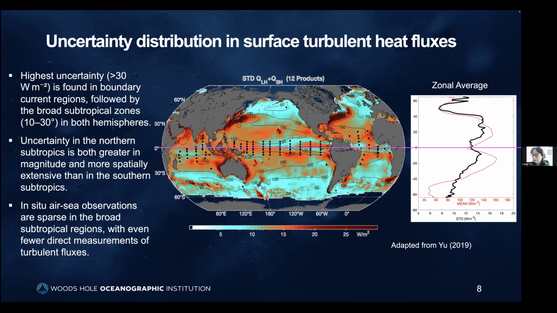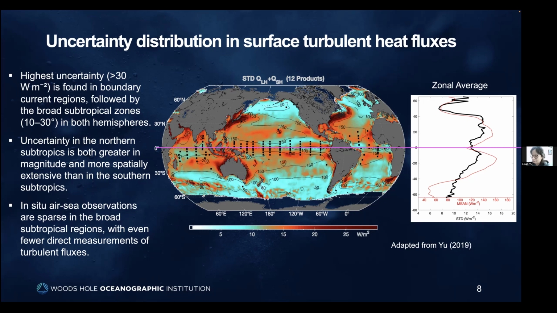But the second area is a broad region in the subtropical area, between around 15 to 30 degrees latitude in both hemispheres. In these regions, the northern hemisphere seems to have a broader and even larger amplitude than the southern hemisphere. If you look at the right panel, which shows the zonal average, the black one shows the standard deviation, and the red is the mean.